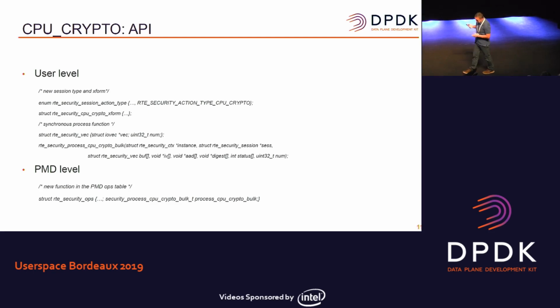As I said before, there is ongoing discussion with Akil, so this is probably subject to change. The main idea would hopefully remain the same, but the API might change.